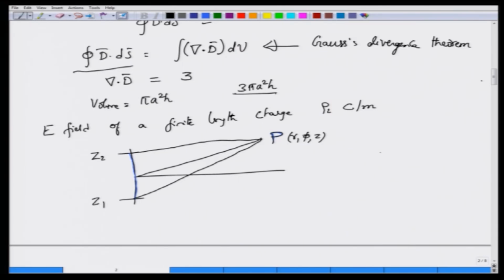You could go up and down along the direction of the charge, but you would not see any difference in the line charge density. However, for a finite length charge there is obviously no symmetry along z, because you can imagine moving from the lower point z1 and then keep moving up to the point z2, and beyond that, there will not be any charge visible to you; there is no charge extending beyond z2.